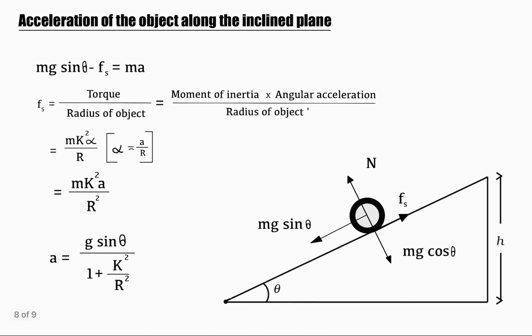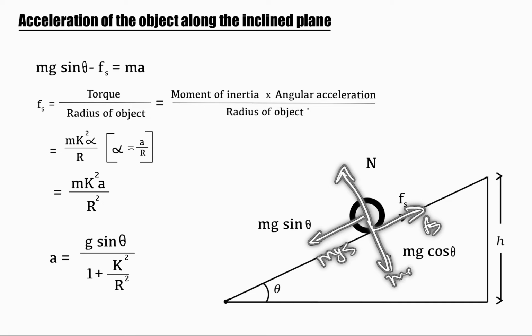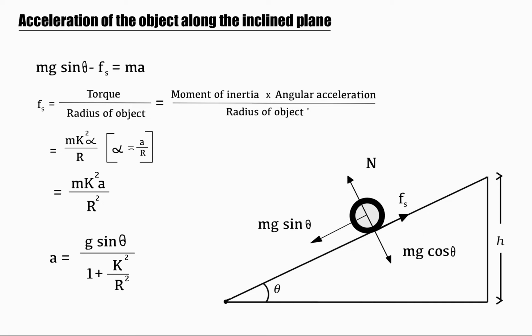Then we have to consider the acceleration on an inclined plane. Consider the object moving in this direction. The forces acting on it will be mg sin theta, fs, a normal force, and mg cos theta in the downward direction. There will be an acceleration a in this direction due to the translational component, and there will also be a rotational component.